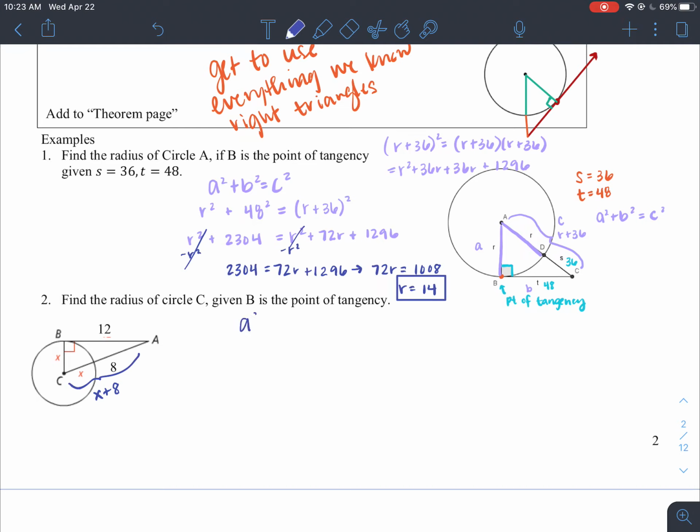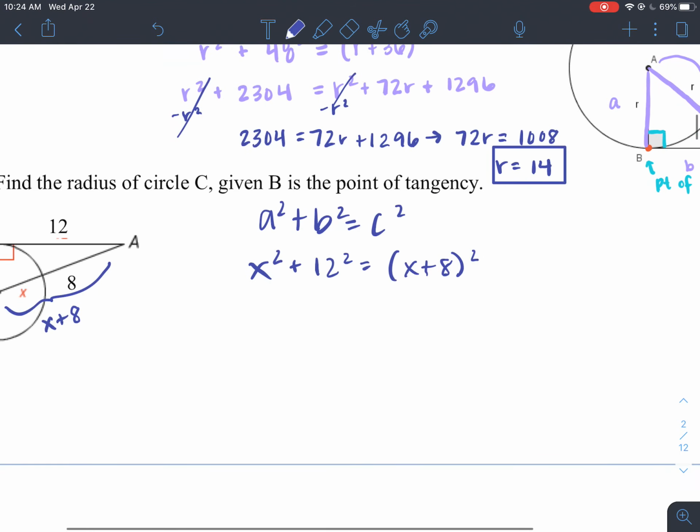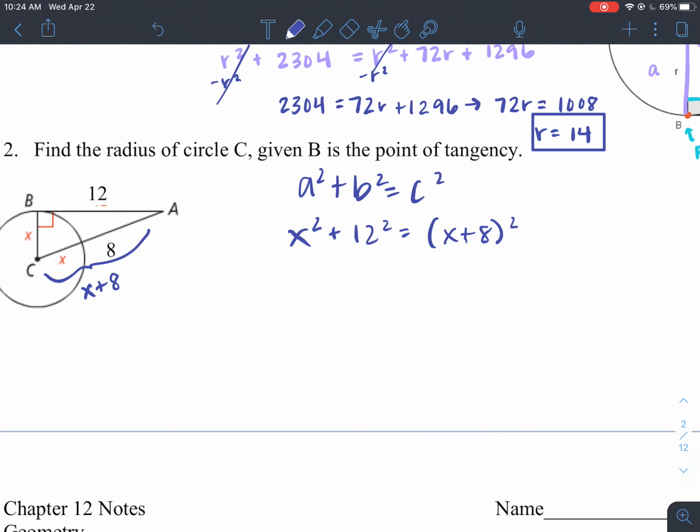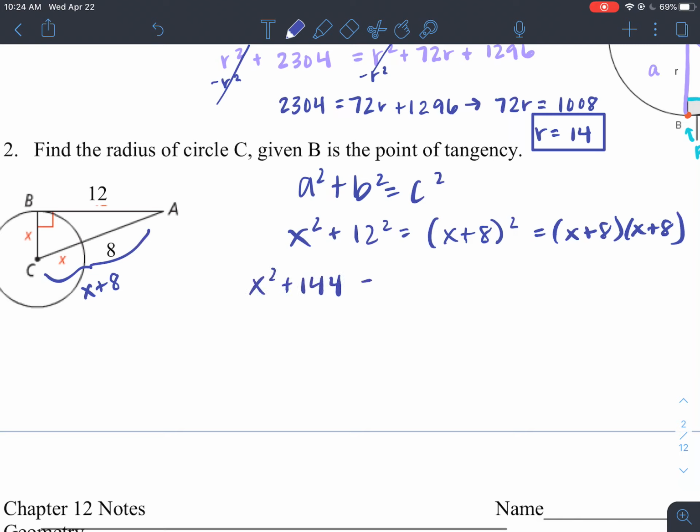So I'm going to have A squared plus B squared equals C squared, or x squared plus 12 squared equals x plus 8 squared. And I have to distribute this as x plus 8 times x plus 8. I have to FOIL the right side. So I get x squared plus 144 on the left.